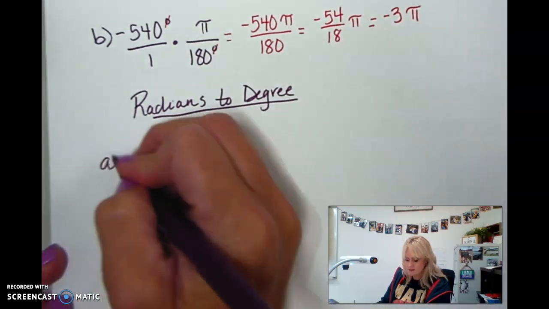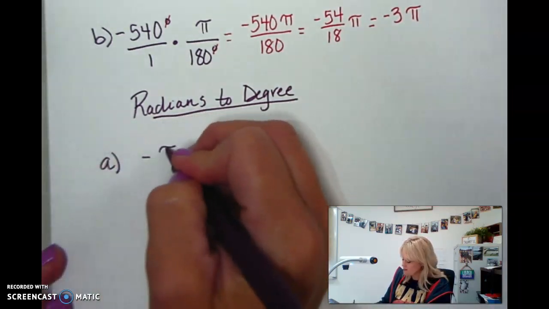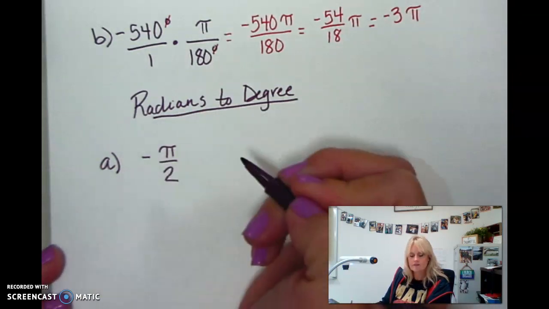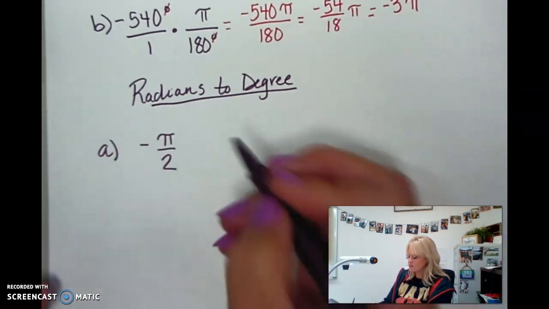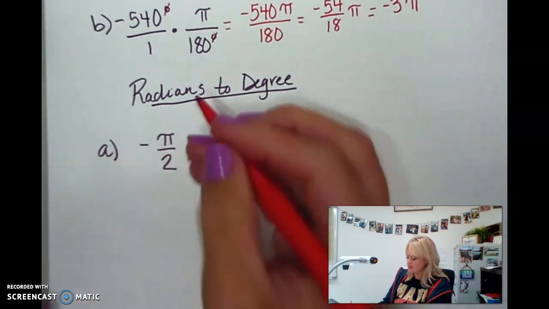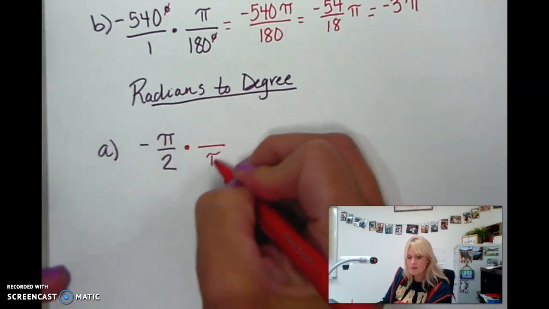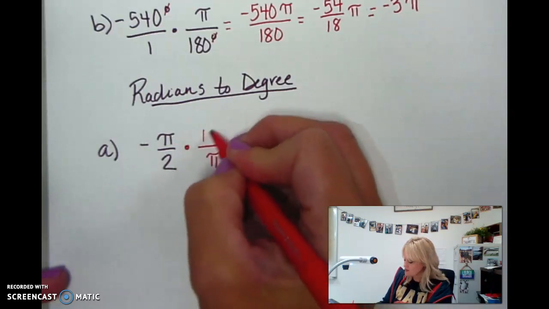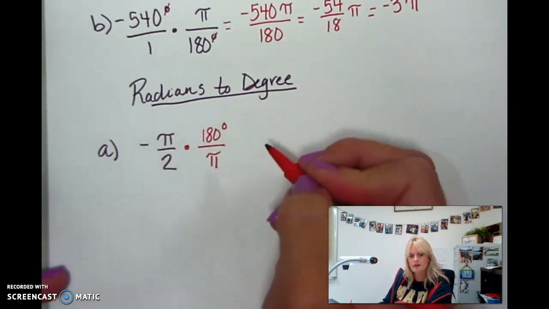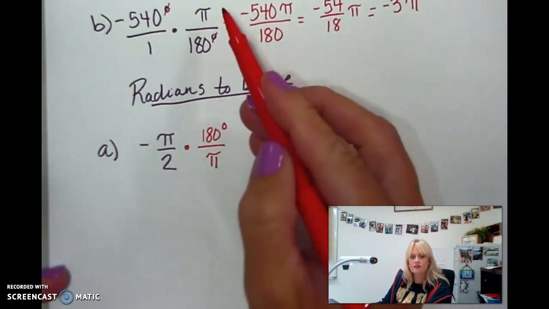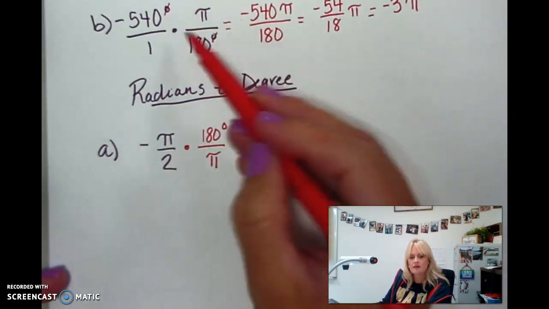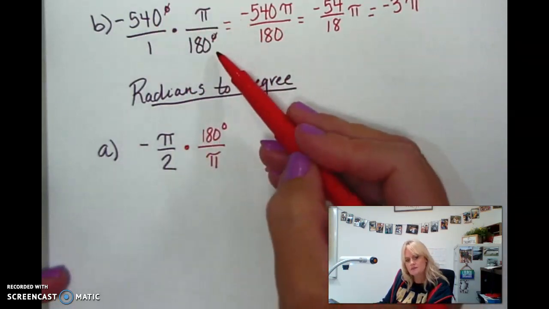So notice here, if I'm converting negative half a pi to degrees, what do I have on top? I have a pi on top. So this time, I want pi to be on the bottom and the 180 degrees to be on top. It's the same conversion factor I used up here, but before I wanted degrees on top and degrees on the bottom.